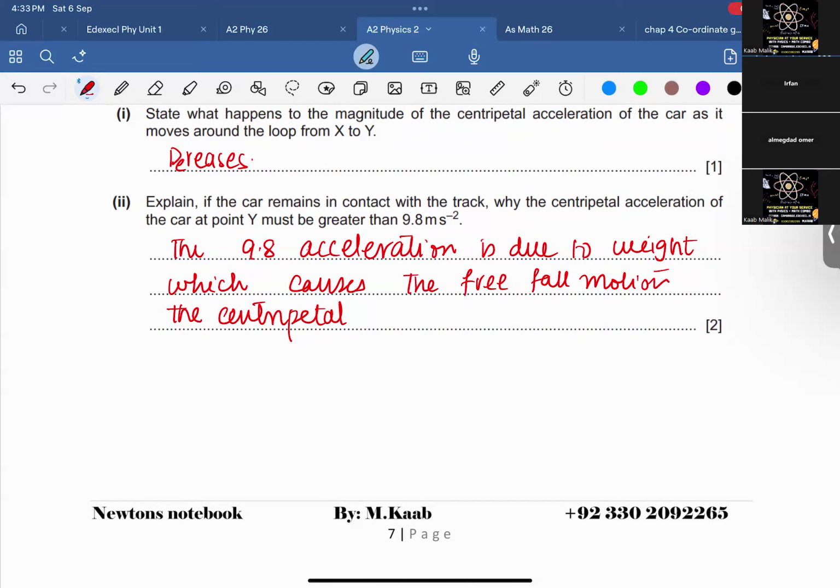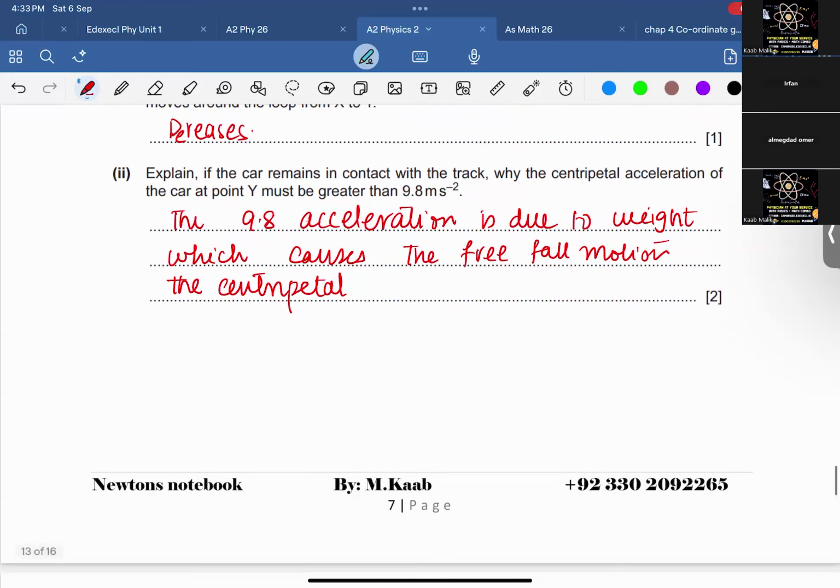So the centripetal acceleration, sorry, the centripetal acceleration required, the force, must be greater than weight.